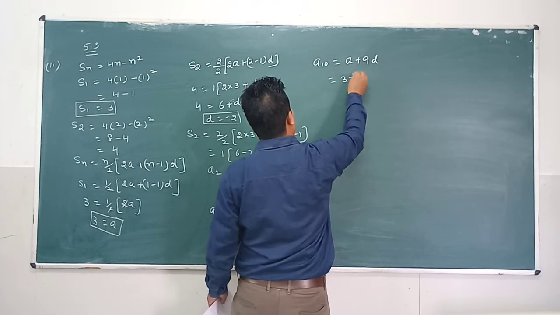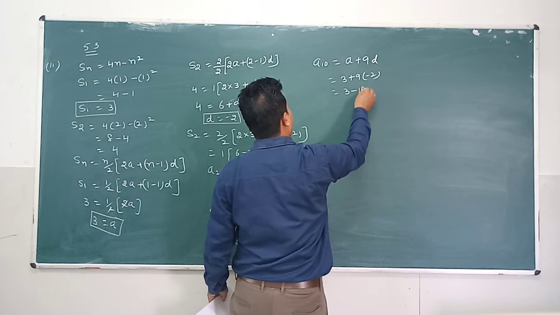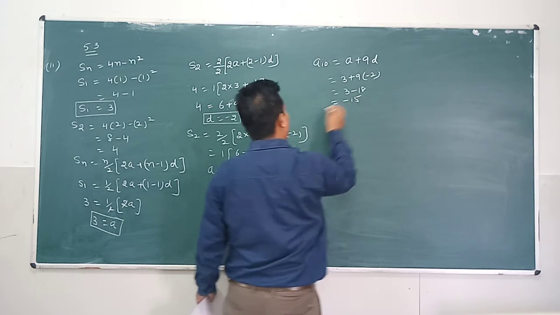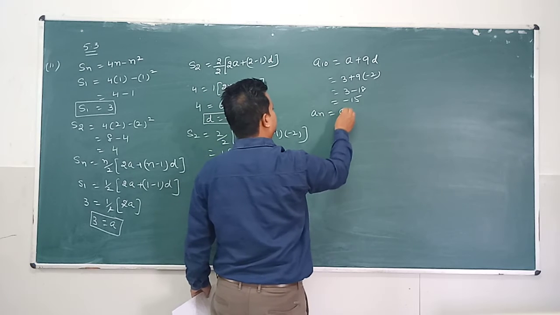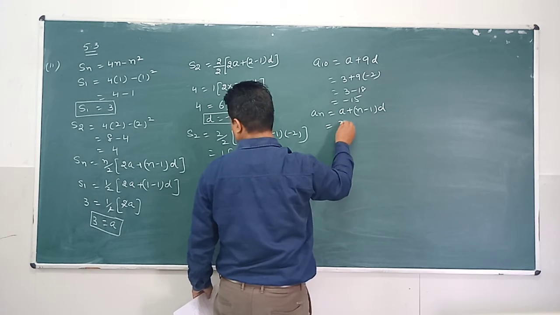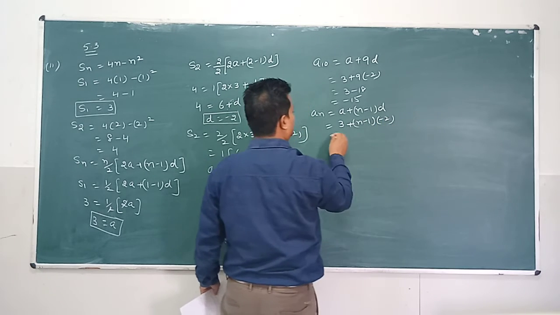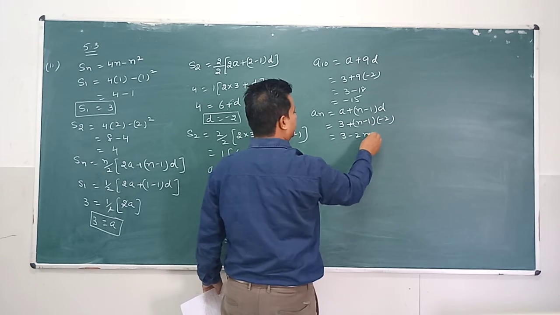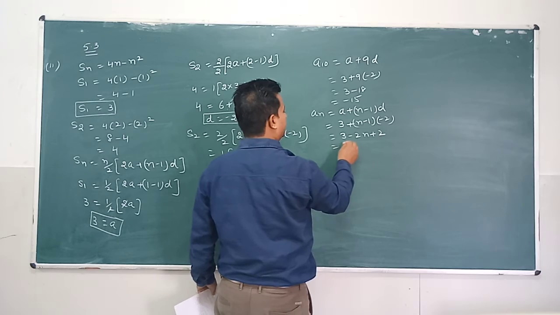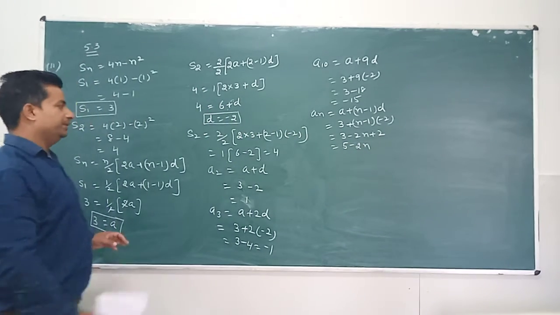So a is 3, d is minus 2, 3 minus 18, which is minus 15. an is a plus n minus 1 into d. Here a is 3, n minus 1, d is minus 2. So this is 3 minus 2n plus 2, 5 minus 2n is the nth term of this AP.